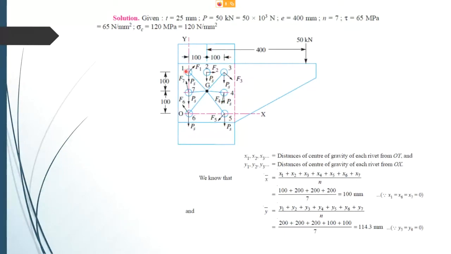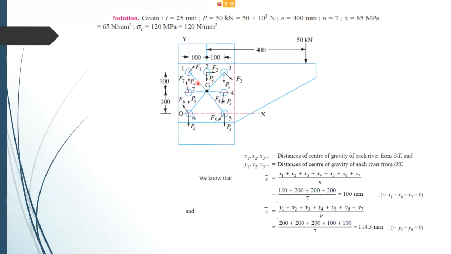The first thing is to draw this diagram, putting in the X reference axis and the Y reference axis. Then on each rivet which you have labeled, draw vertical arrows like this, the same as the arrow here, acting vertically downwards.